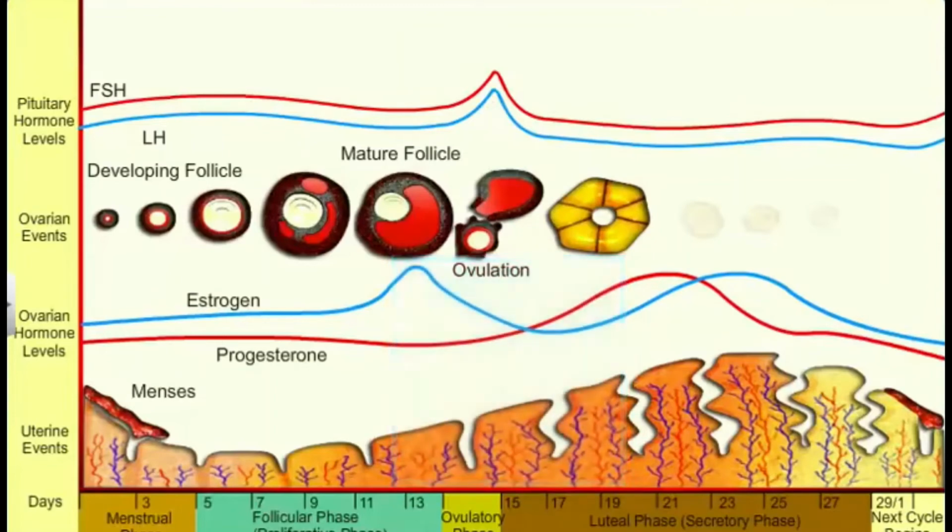However, once the corpus luteum begins secreting large amounts of progesterone and FSH and LH inhibiting hormone, the levels of both of these hormones drop, which in turn also lowers the level of estrogen in the body. However, the endometrium continues to thicken because of an increase in the level of progesterone.